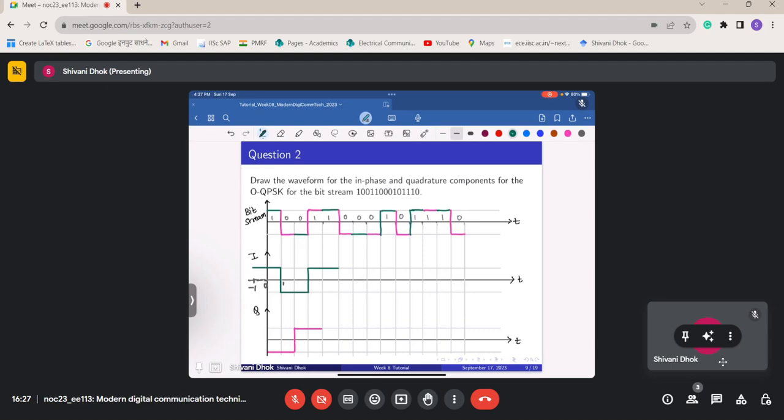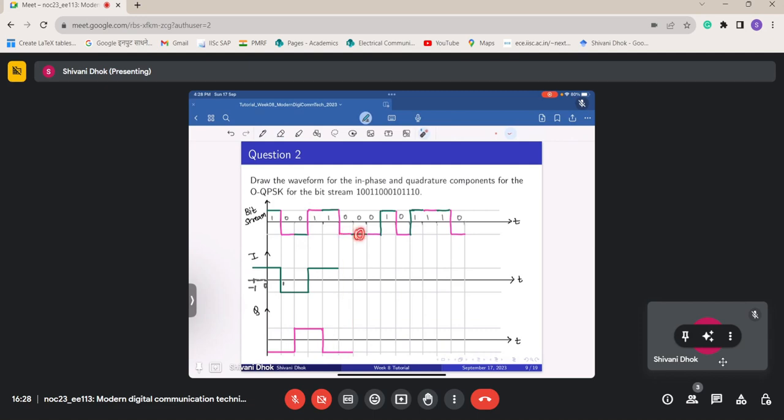Okay, after this 1 we have a 0, but now this is for the quadrature component, so this will go down and use 2 time slots. So this was this 0 which came here.